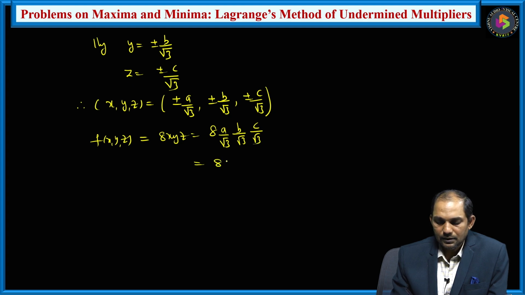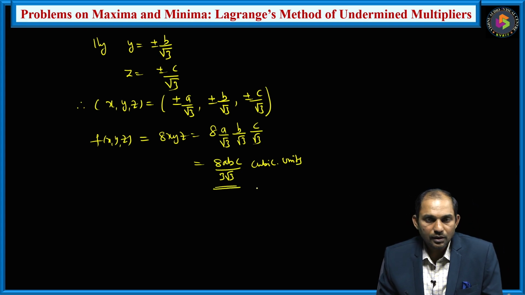This is 8abc by 3 root 3 cubic units. So this is the required largest volume of the rectangular parallelepiped that can be inscribed in the ellipsoid by using Lagrange's method of undetermined multipliers.